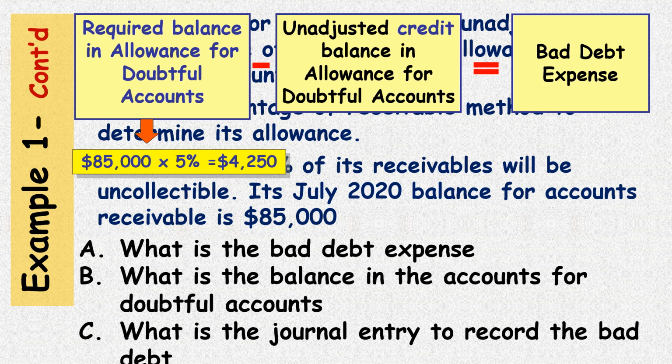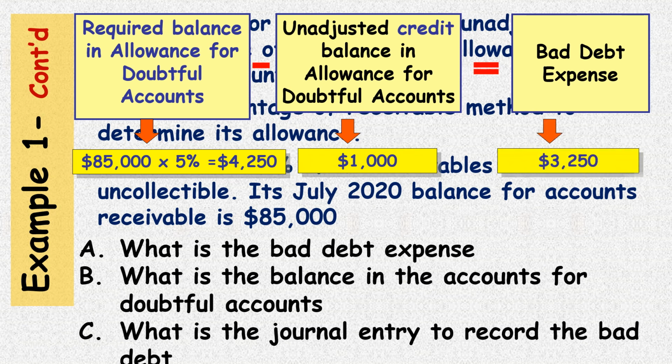Now let's minus the prior balance, if we have one. In our previous example, it was month number 1, so we did not have that. And now, since we have moved to the second month, which is July, we do have the prior balance in the allowance account, which should be $1,000 from June.